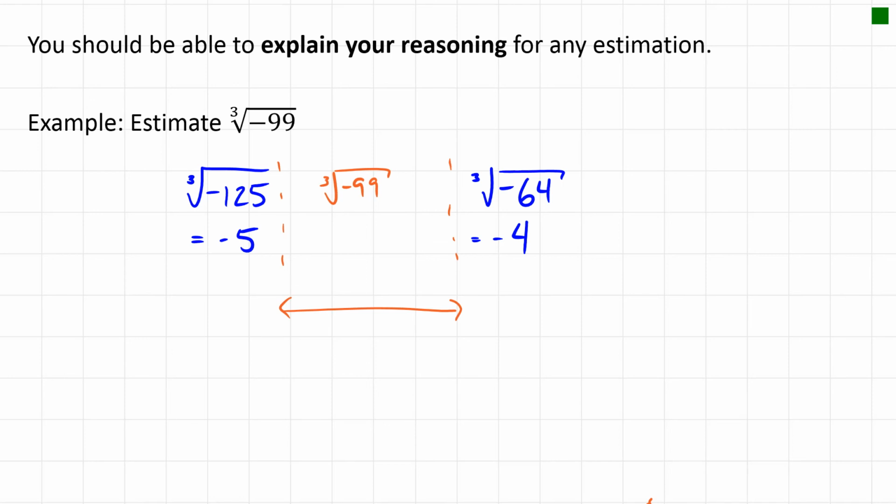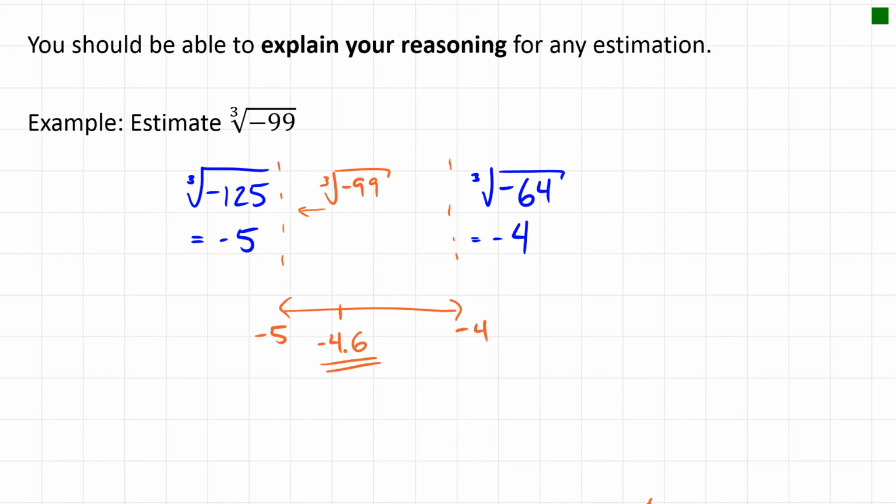So really, not 46, 45 away from 64. So it looks like it's closer to this end of things, but it's reasonably close to the middle. So I think that in that case, I'm between -5 and -4, which means I'm -4 point something and closer to -5, so I'm going to go with -4.6.